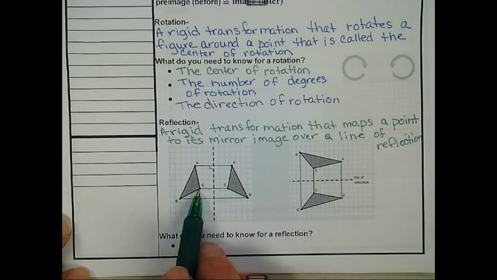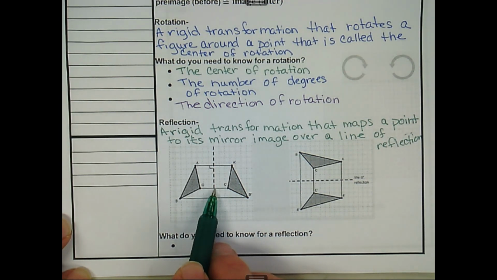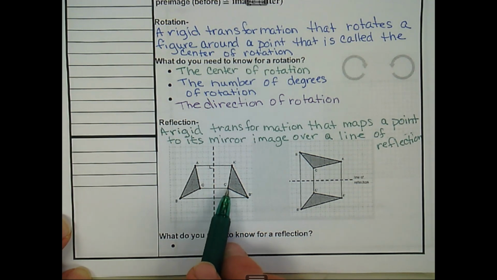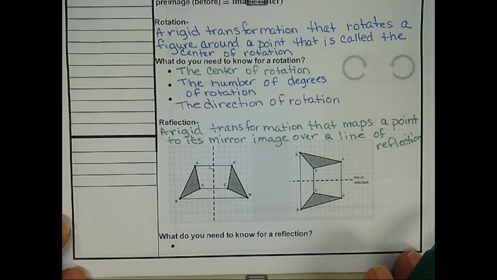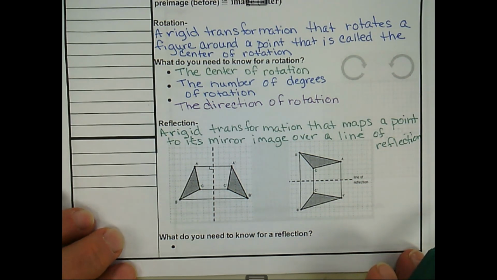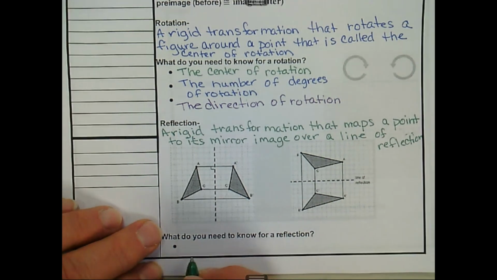If you're looking at point C, it is 1, 2, 3 from the line of reflection. 1, 2, 3 again. So it's going to be the same distance. The mirror image points are the same distance from the line of reflection, just on opposite sides of the line of reflection. So you have to know where the line of reflection is.